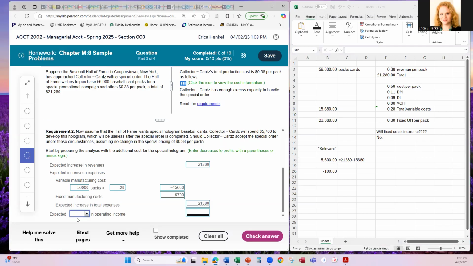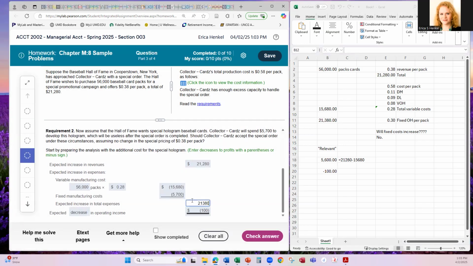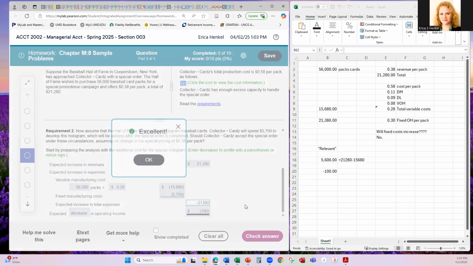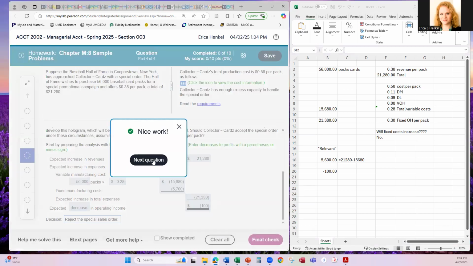So $100 more than what we would have in increased revenues. So that would be a decrease in operating income for us if we did this. Oops, what did I do here? I forgot a negative sign. There we go. So we end up coming out worse if we do this special order. So in this case, we would reject the special sales order because we would not be benefiting from that.